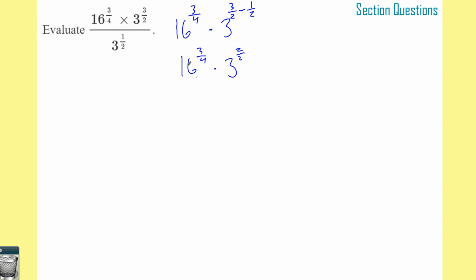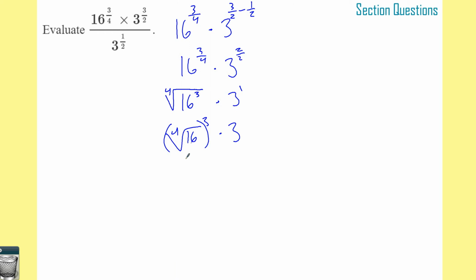And then over here, we can rewrite this as a radical of 16, 4 is in the index, 3 is the exponent. Okay, we can also take the 4th root of 16 and then cube it, which I like a lot better. Don't forget your times 3 to the 1st, which is just 3.